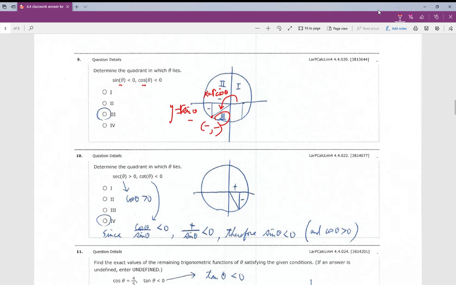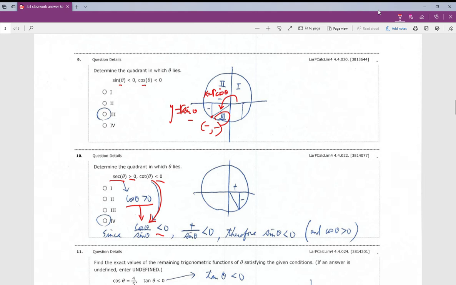Now, number 10, secant theta is positive, meaning cosine theta is positive, because they are reciprocals and they should have the same sign. Now, cotangent theta, cotangent is cosine over sine, and it says it is negative. We already noticed from the given that cosine is positive.